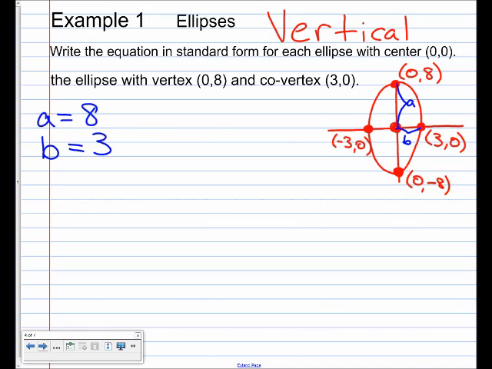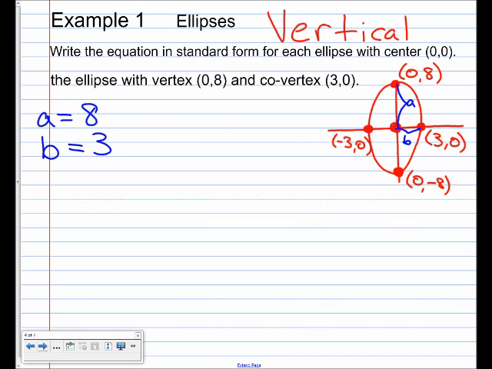So anytime you see the major axis and they ask for the distance, it's always 2 times A. Always 2 times A. Same thing for the minor axis. The minor axis connects your co-vertices, and that's always 2 times B, letter B, which is 6.